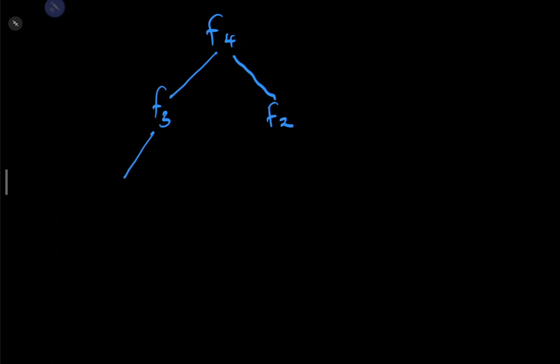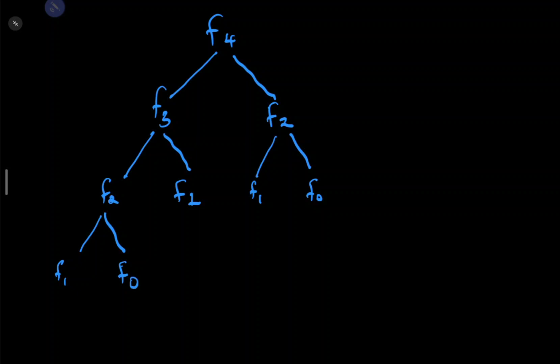And to find Fibonacci 3, that would be Fibonacci 2 plus Fibonacci 1. This would be 1, this would be 0, this would be 1, and this would be 0. So this is what the recursive structure looks like.